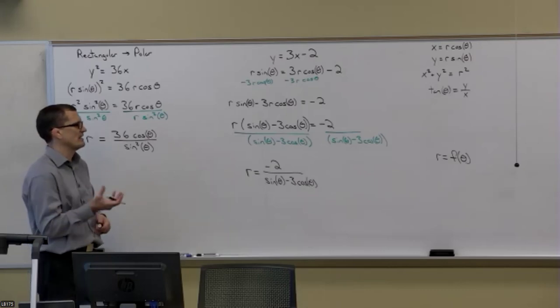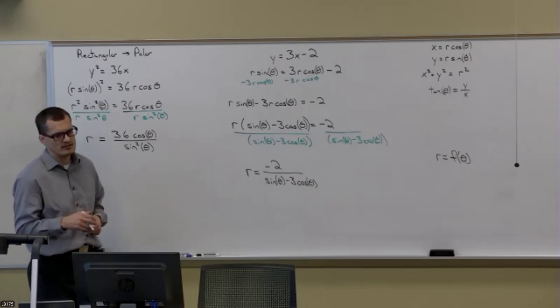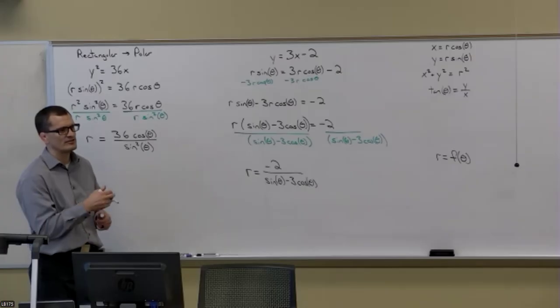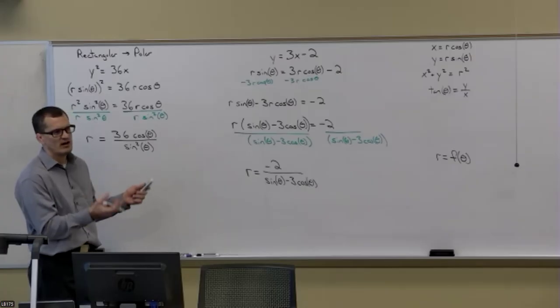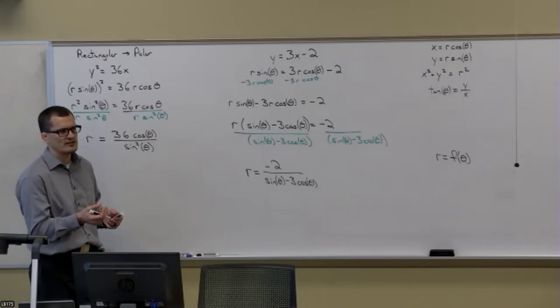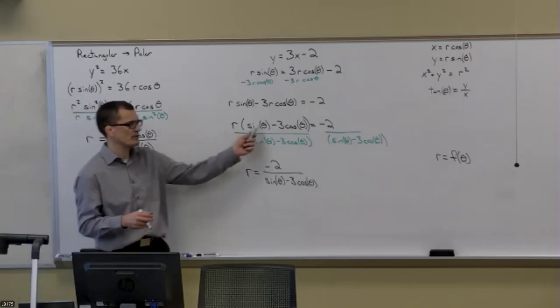So that's the way I like to solve for r. That's my favorite technique. Get all the terms with r's on one side, all the terms without r's on the other, and just factor out the r, divide by whatever this number is.